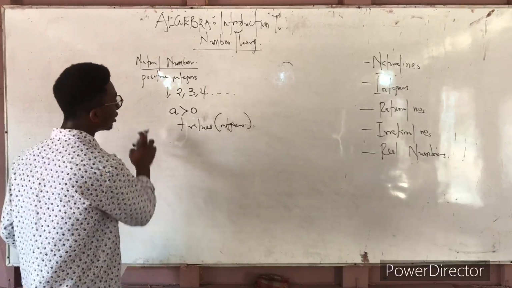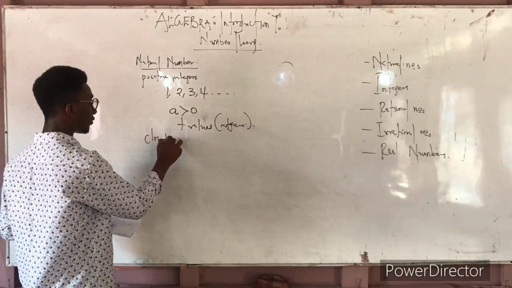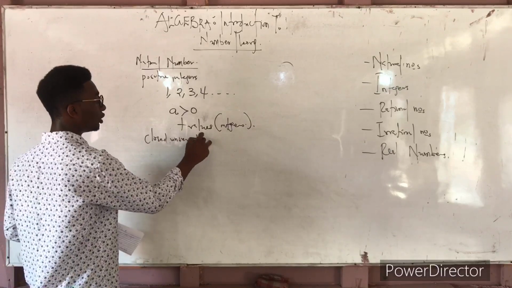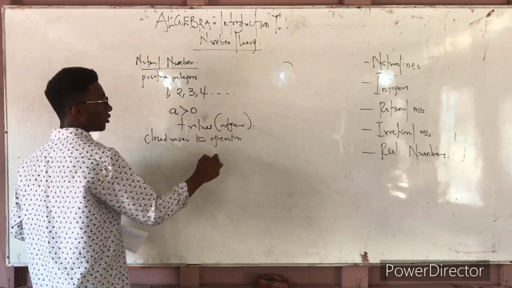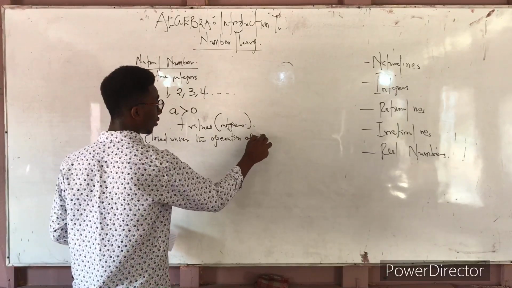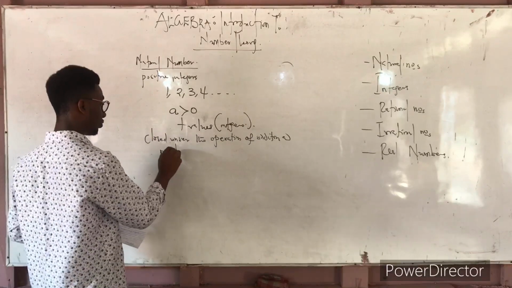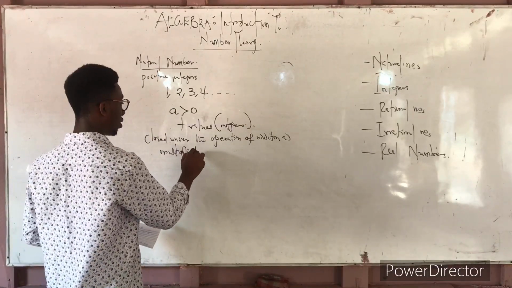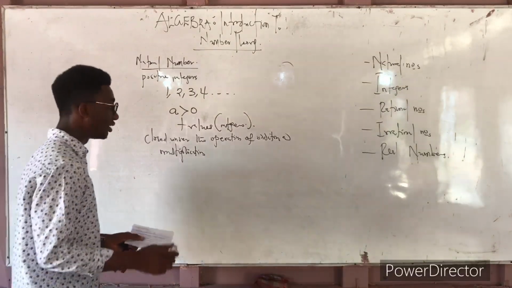But one thing you should note is that natural numbers are always closed under the operations of addition and multiplication.